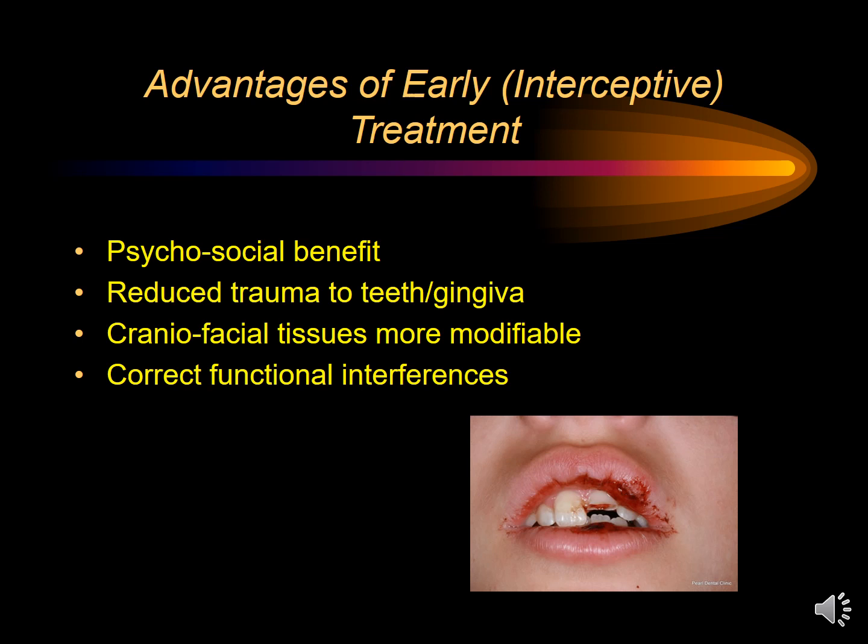Also, proclined teeth, which are prone to trauma, may have a reduced incidence of trauma by early interception. The craniofacial tissues are more modifiable at a young age and thus more amenable to functional corrections.